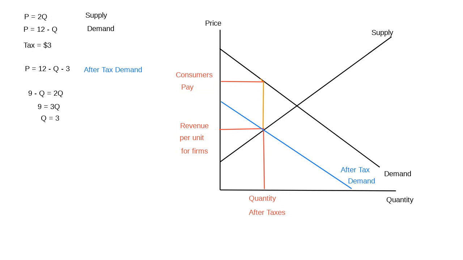This would be the quantity after taxes. Then we can find the corresponding price on the y-axis, plugging this either into the after-tax demand or into the supply curve. So 9 minus 3 is 6, or 2 times 3 is also 6.